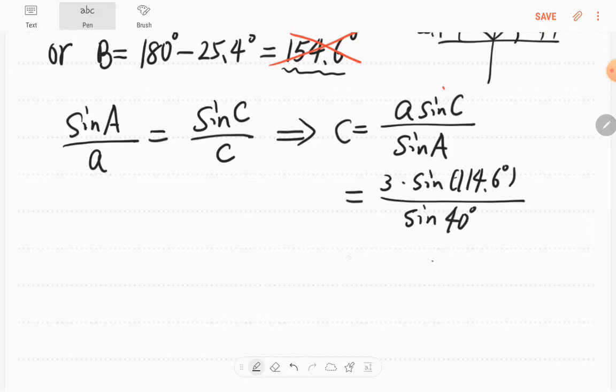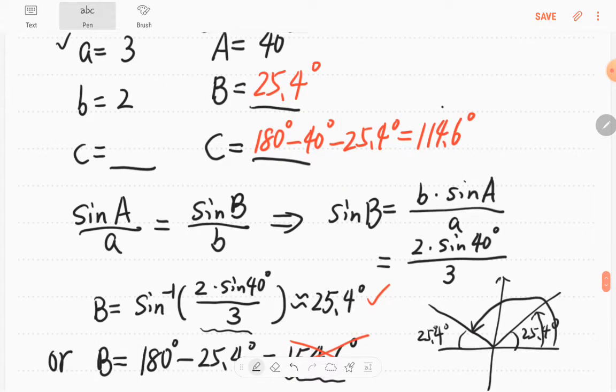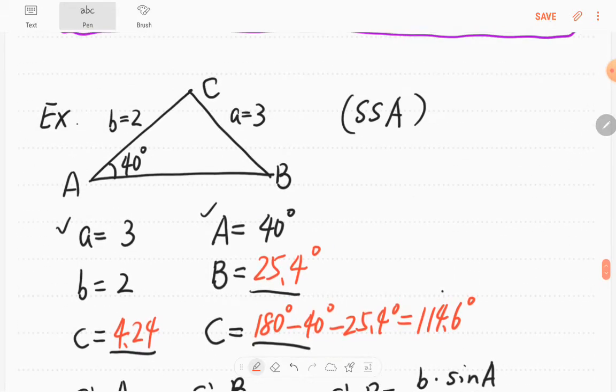If you do your calculation, it would be 4.24. Okay, so this is 4.24. We have no problem with that. So in other words, for this case, we only have one triangle, right?